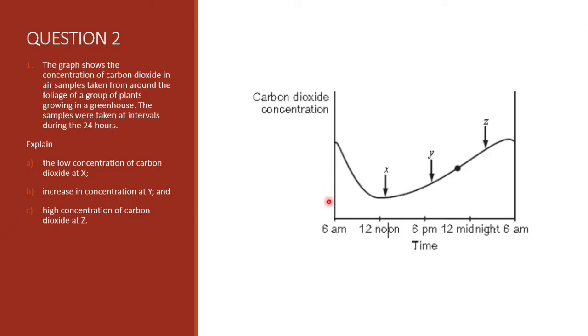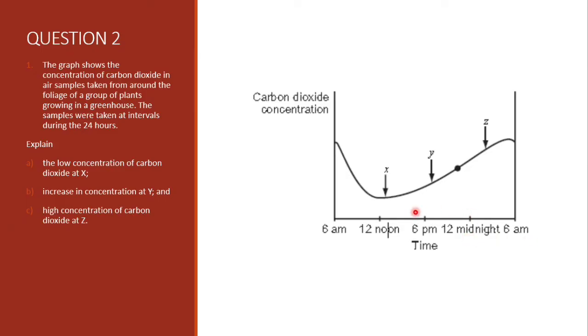So as you can see, on the x-axis we've got time. This is 6 a.m. This is 12 at noon. Okay, so this is 12 hours. This is 6 p.m., which is 18 hours. Then we've got 12 midnight, which is 24 hours. And then we've got 6 a.m. in the morning.